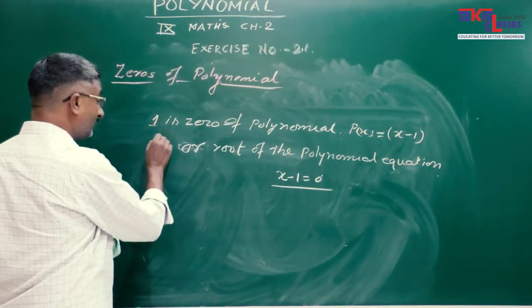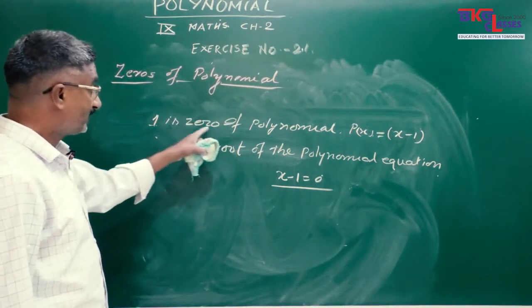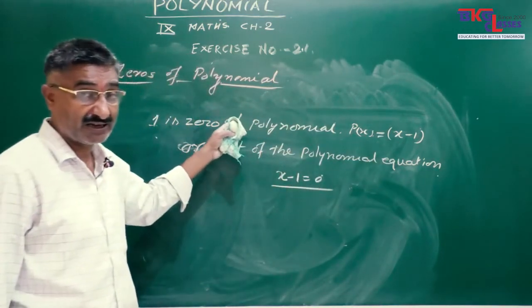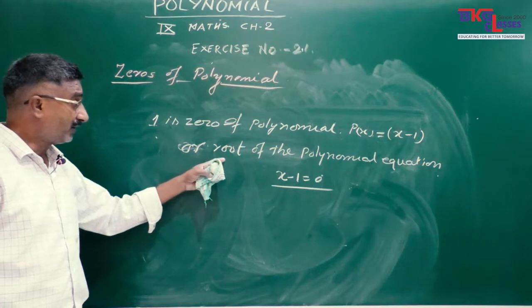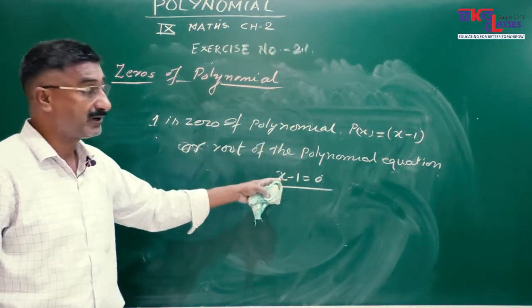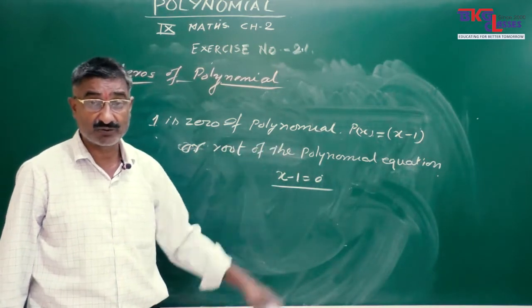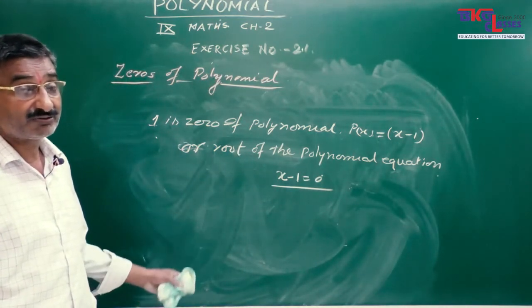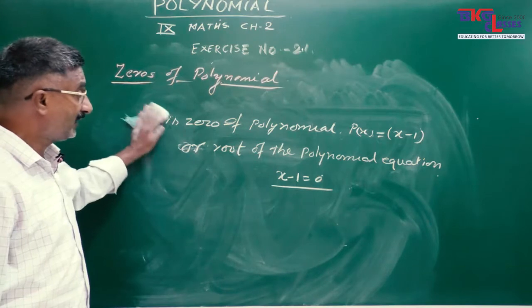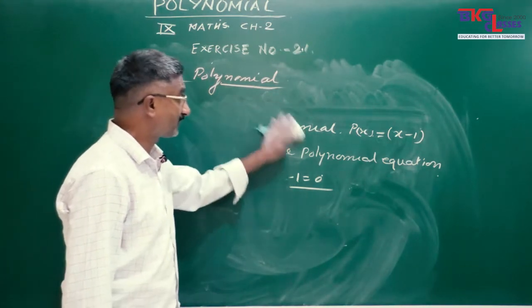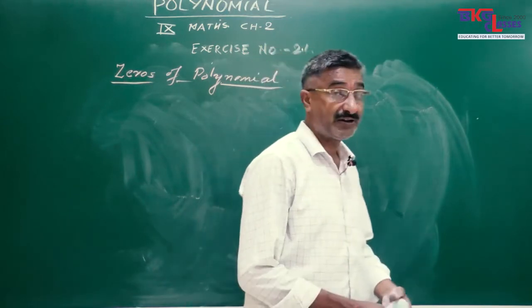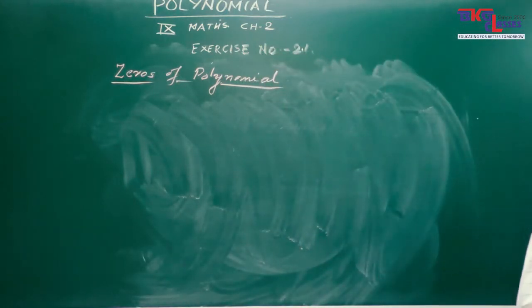What is 1? 1 is the zero of the polynomial P(x) is equal to x minus 1. Either we will write like this, or we can write 1 is the root of the polynomial equation x minus 1 is equal to 0. This is the way of expressing the zero of the polynomial. Clear? It seems theoretically somewhat difficult, but it's a very simple thing.